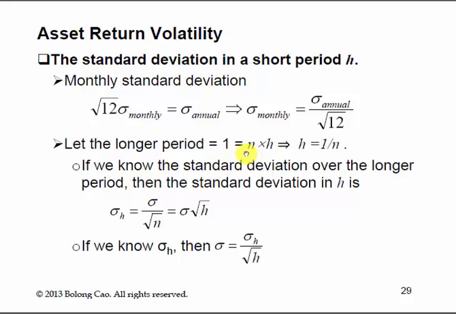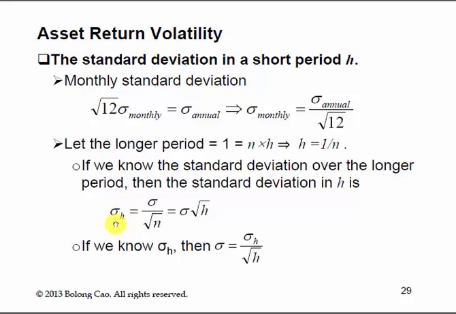So n is actually the 12 here, and h is actually 1 over 12. So if we know the standard deviation over the longer period, then the standard deviation in the short period h is what? It's actually, as I have said, if you have h equal to 1 over 12, right?